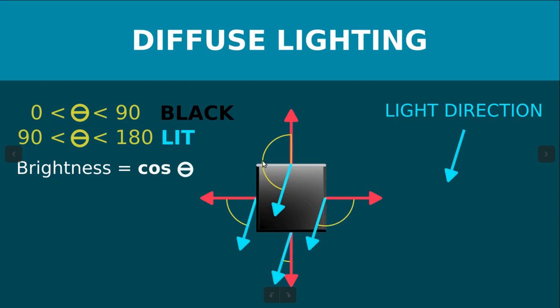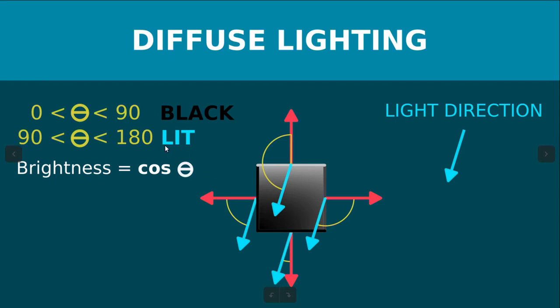Obviously this top facing surface will be the brightest because the surface is almost directly pointing at our sun, and the ones on the bottom and on this side are more than 90 degrees away, and they're completely black because no light can get to the left or the bottom face.